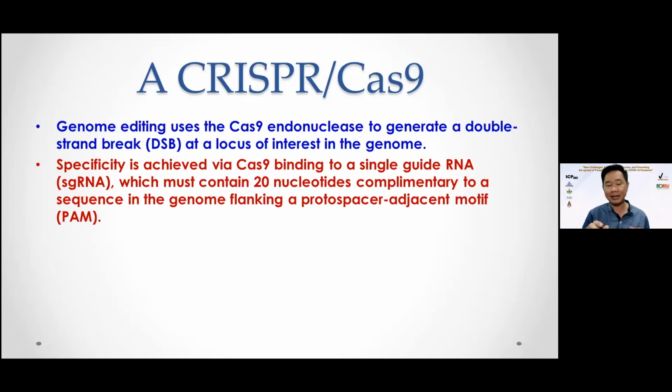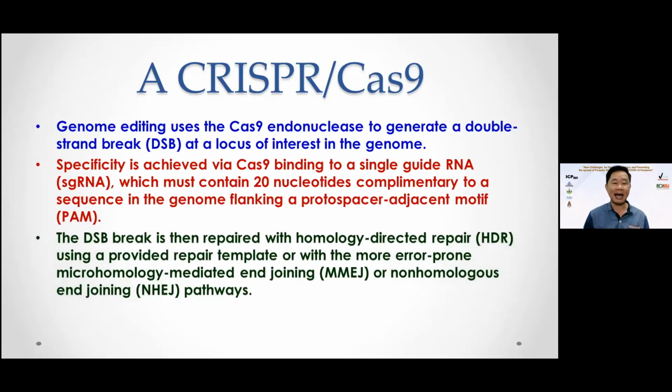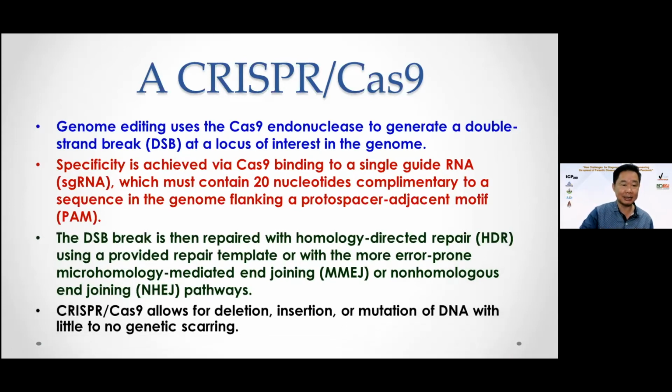So any sequence that starts with N and any nucleotide, I will show you later. After that, Cas9 goes to this guide RNA, the double-strand break is repaired, and this makes a mutation. To make it easy to understand, I will show you later. After that, Cas9 will delete, insert and mutate the DNA of the target gene that you are interested in.